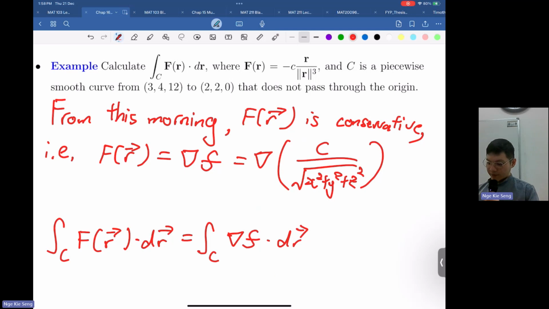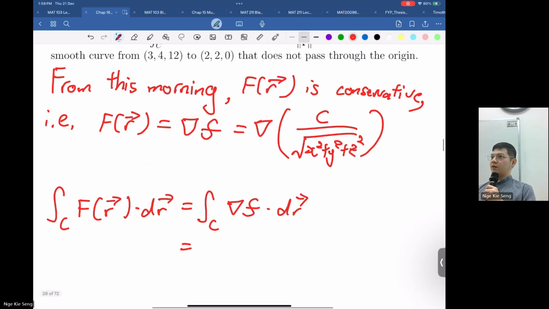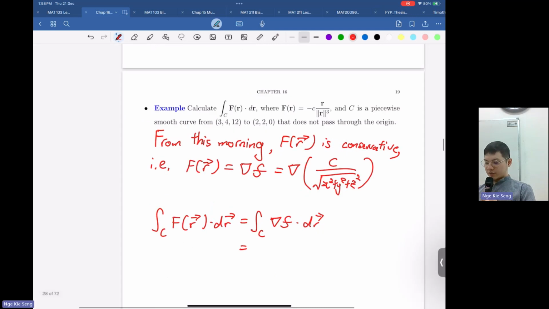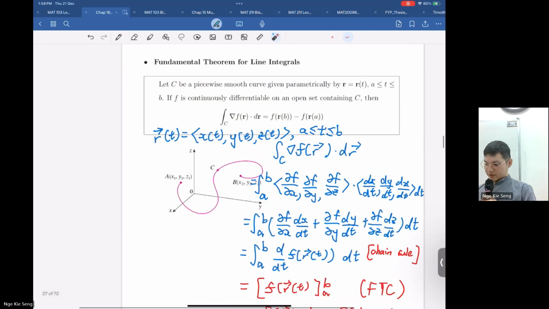So in this case, what happened? How do we integrate this? This is what? Integration of a derivative. So it's just the antiderivative.